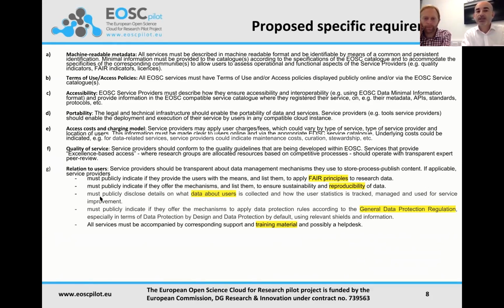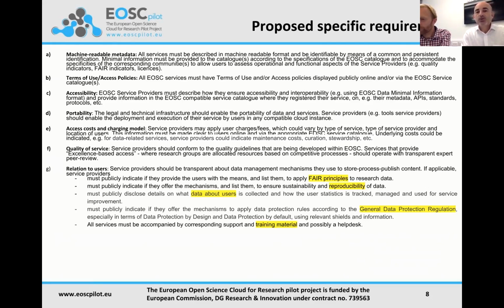Third, they must publicly disclose details on what data about users is collected and how the user statistics is tracked, managed, and used for service improvement. Fourth, the service providers must publicly indicate if they offer the mechanisms to apply data protection rules according to the General Data Protection Regulation, especially in terms of data protection by design and data protection by default using relevant shields and information.